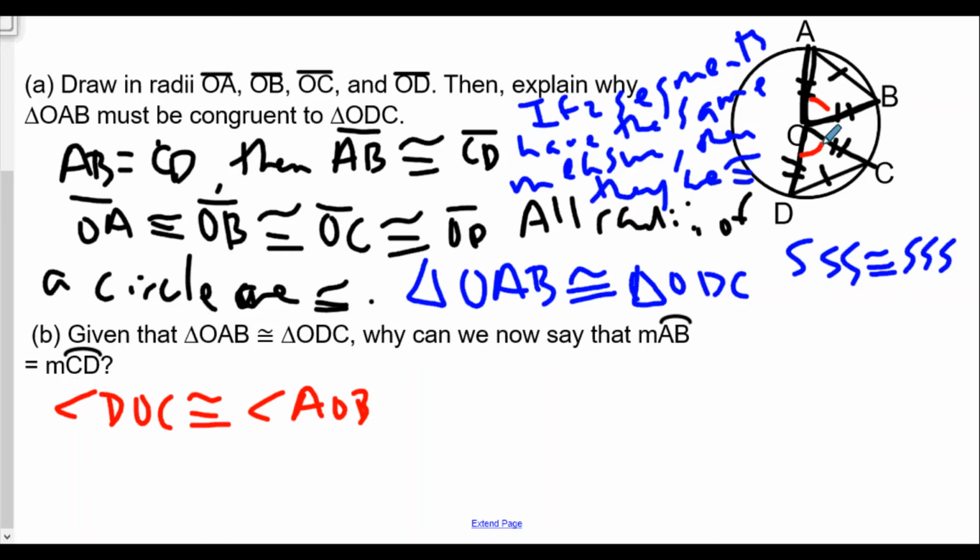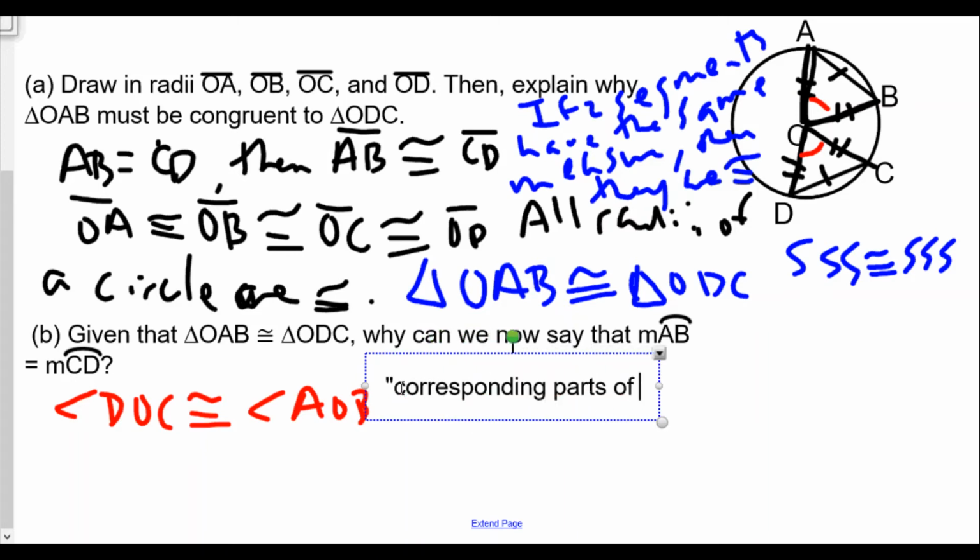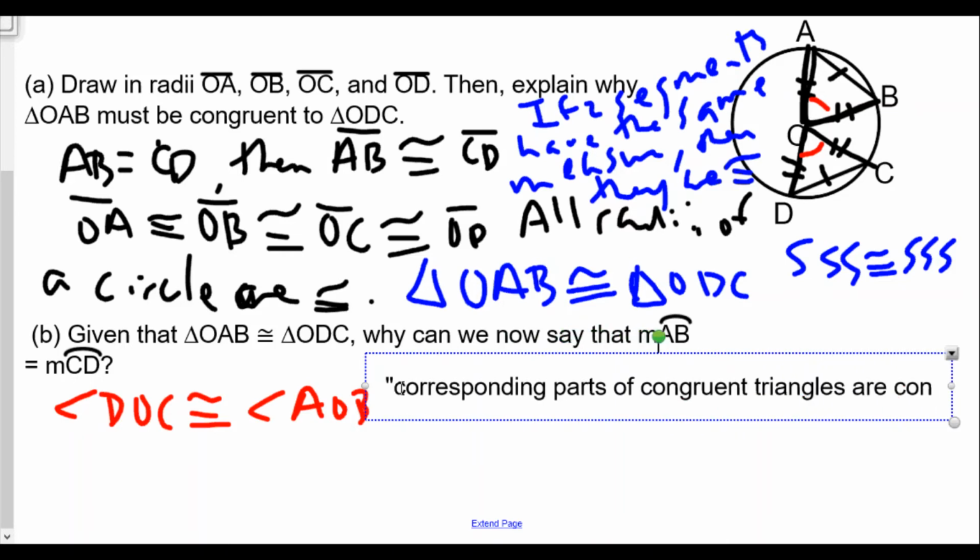In this case, if they're congruent, the reason is because corresponding parts, and I'm going to type this in here because my handwriting is dreadful, in small font. Our reasoning would be: corresponding parts of congruent triangles are congruent.